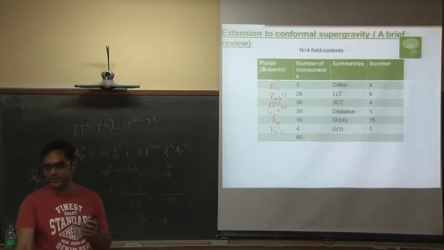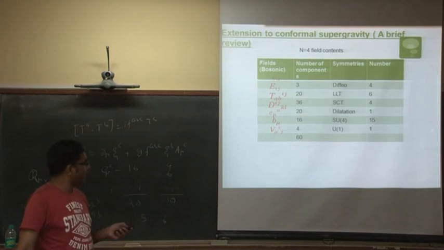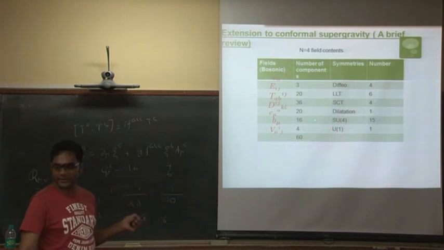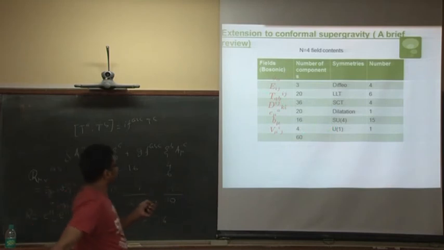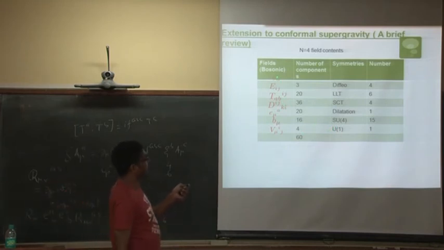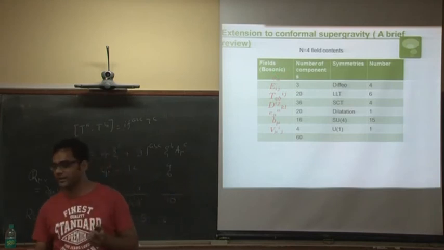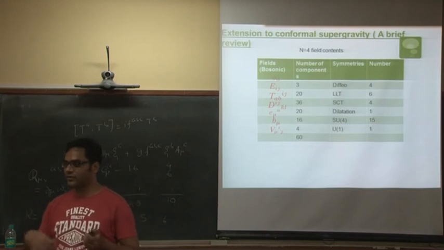Where did you get this U1? This is N equal to 4. This is not the R symmetry. This is just a spurious U1, a U1 coming out precisely because of the way you choose to write out your fields. We didn't choose to write in terms of a complex scalar, because in that case this thing becomes very complicated. You don't have a very nice way to write down those supersymmetry variations.